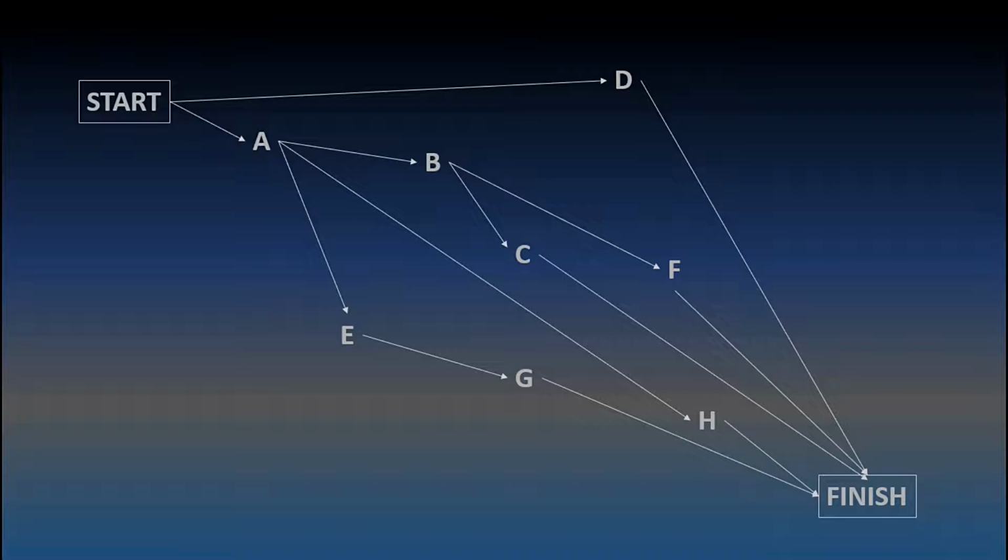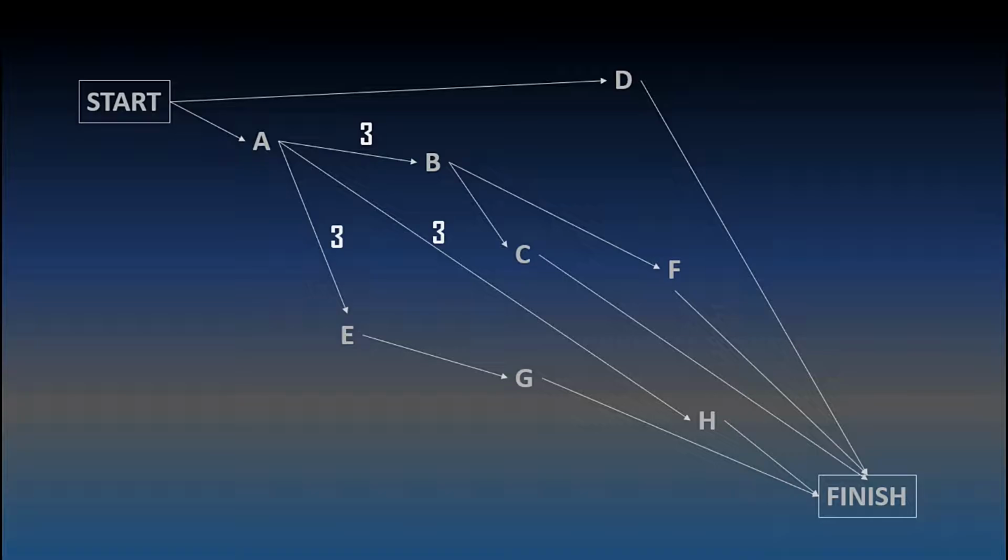Now let me just put different numbers to these tasks. Let's say that these tasks take this amount of time to complete. Task A is going to take 3 weeks to complete. You see that 3 different tasks are actually dependent on task A. So 3 arrows go out of task A. That is why all 3 of the arrows have the number 3 attached to them.